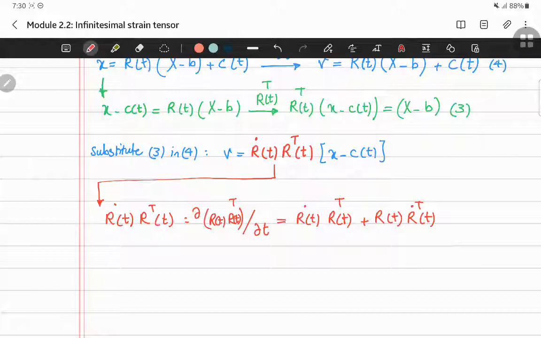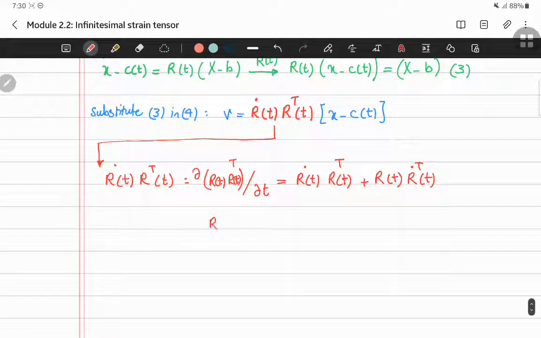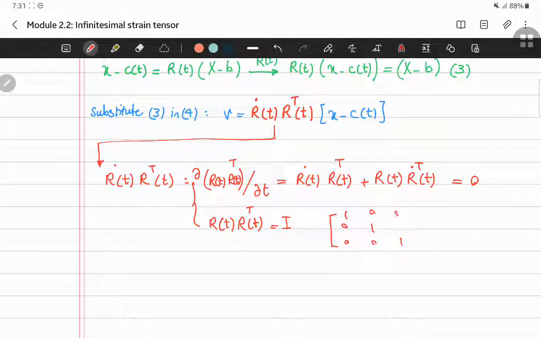So if you recall, R(t) R transpose(t) was equal to I if R was an orthogonal tensor. Therefore, this is basically equal to 0. So you have I, the identity matrix. If you take its derivative with respect to time, it definitely becomes 0.